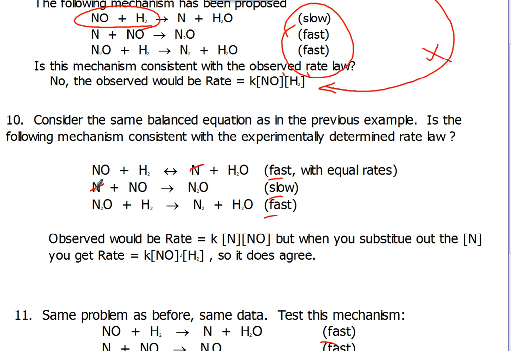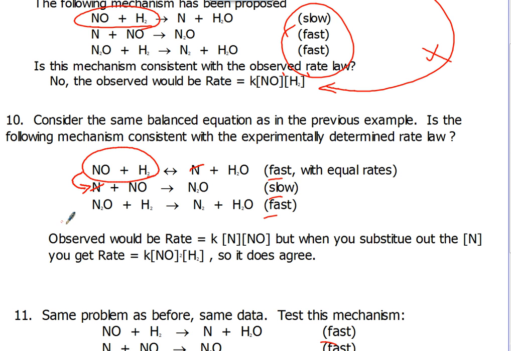Water is weird. How do we deal with water when we're dealing with equilibrium? Replace it with a 1. So we're allowed to kind of ignore the water because mathematically it has very little impact on everything. So these two can be substituted in for that N.